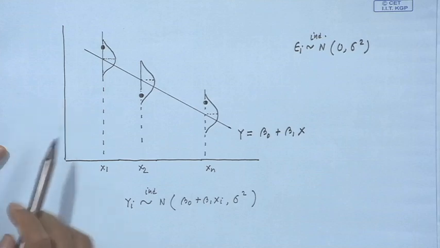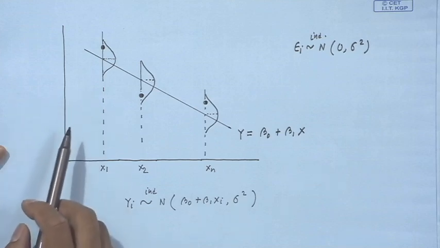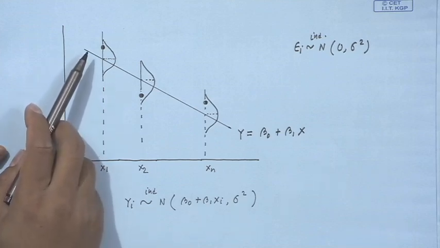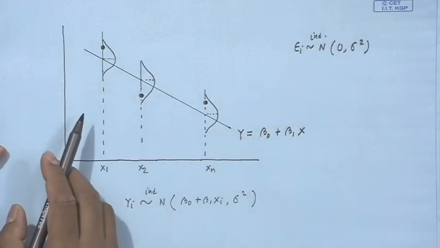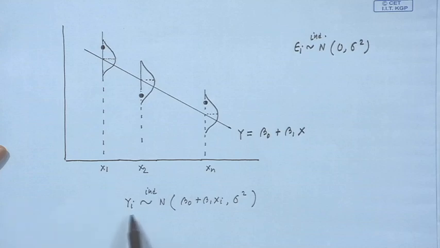So, the assumption in terms of y is graphically illustrated here. It says that the ith observation, or the ith value of the response variable y I, is coming from a normal distribution with mean beta naught plus beta 1 x I and variance sigma square.